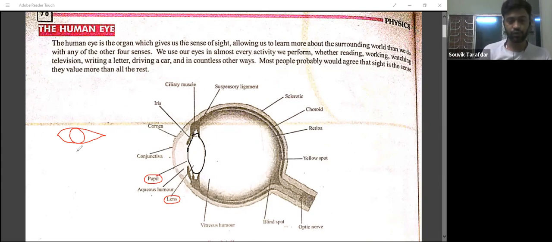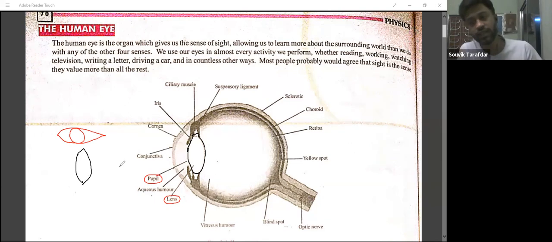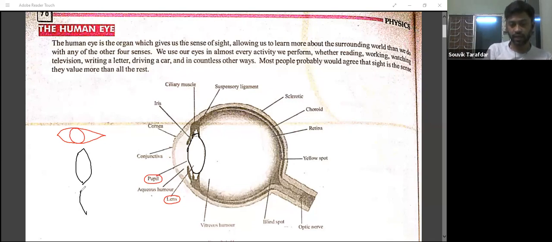Now let me show you. If you see a lens made of glass, because mostly lenses are made of glass, either the lens is like this, a bit bulged, or the lens is like this, very thin, isn't it?